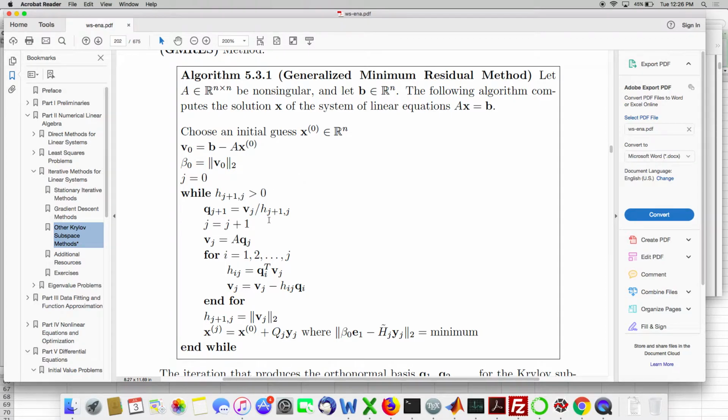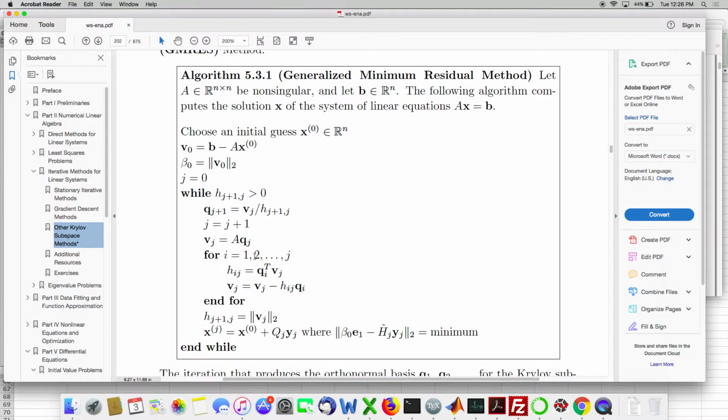The main difference, really the only difference in the algorithm, if you take GMRES, implement it, but use it for a case where A is symmetric, you get MINRES. What happens here is this loop that starts from i going from 1 to j would actually only have to go from j minus 1 to j.